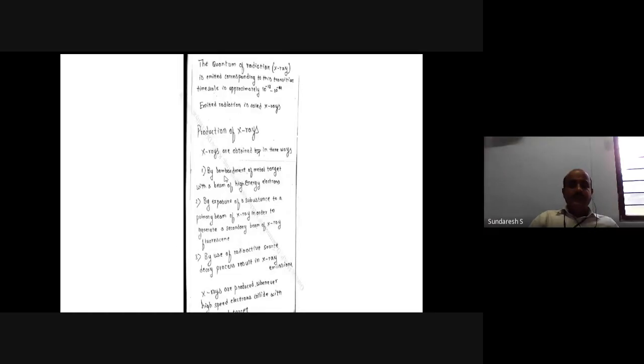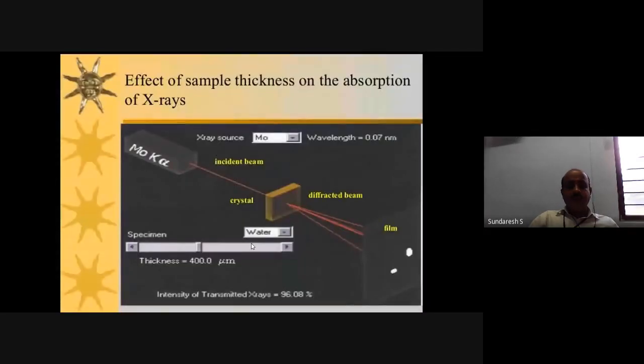And the production of these X-rays: of course, the basic principle is that in every atom, the electrons are in layers or shells. When the atom is bombarded with an electron, I will show that later. This is the one I wanted to talk to you about. So this is how it goes.